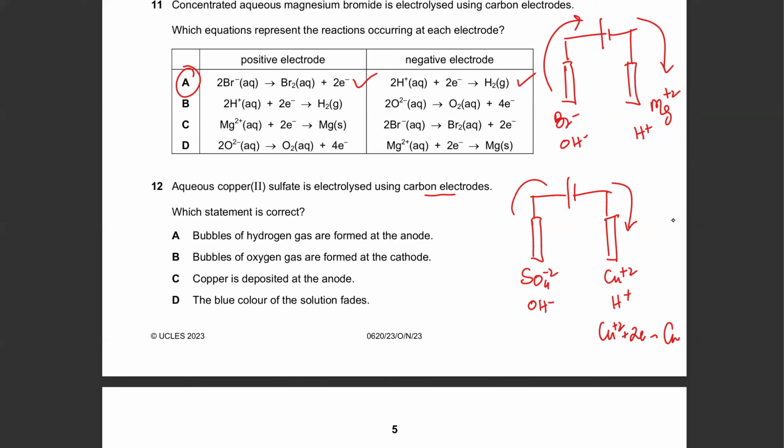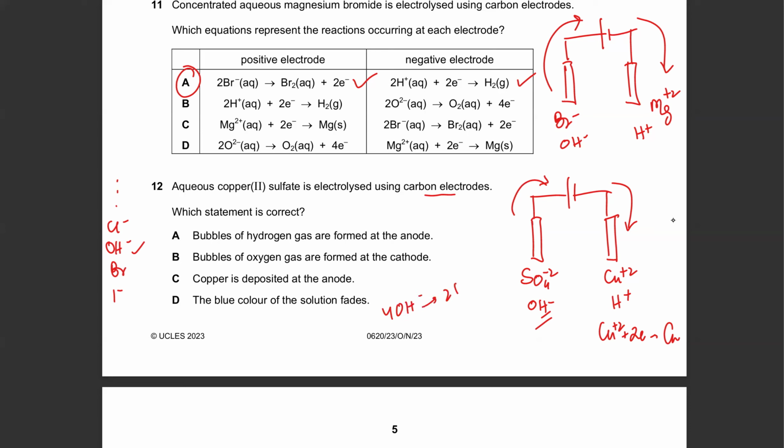And who's going to lose electrons from the other side? Sulfate? It's OH, sorry. It's always OH minus. The halides will only discharge when they're concentrated. The rest of the ions never get discharged, right? What's the equation for OH losing electrons?